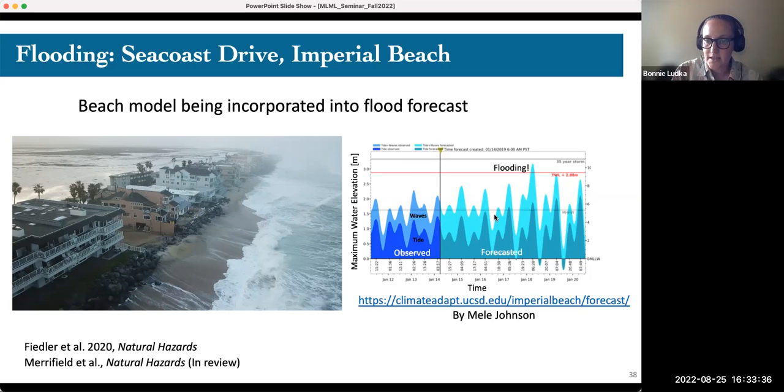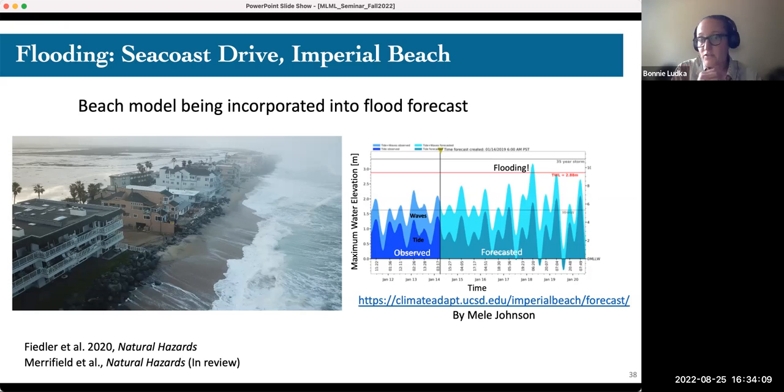That website is maintained by Melly Johnson, where you have the observed conditions, wave conditions, and the forecasted. And anytime those bluish colors get above that red flooding threshold, that's when the city gets alerted that they may be getting wet there. So incorporating the beach, we hope a beach model like this will hopefully improve the flood forecasts.